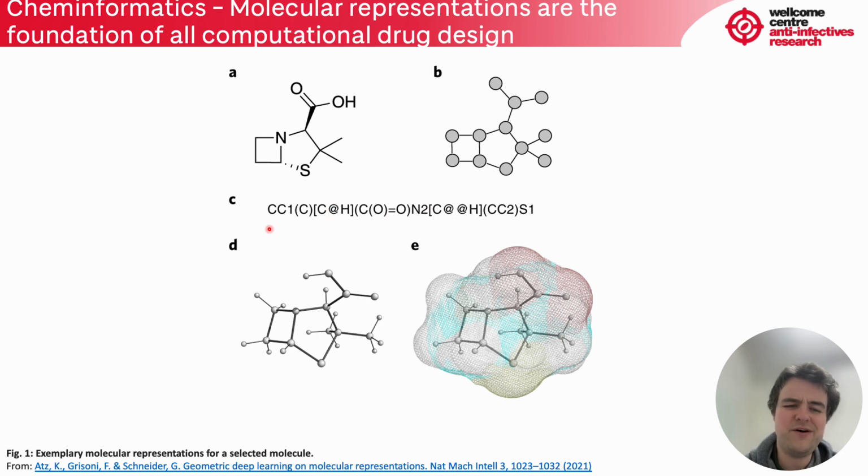The key takeaway of this representation, however, is that because we can start our traversal from any node that we like, usually we pick a heavy atom for this, what that means is that we can write SMILES strings in multiple different ways. So a single SMILES string is not necessarily the canonical description of the chemical graph.